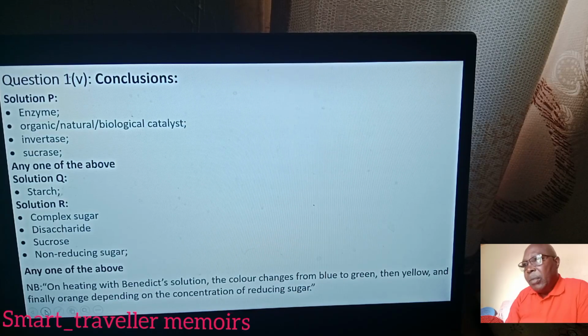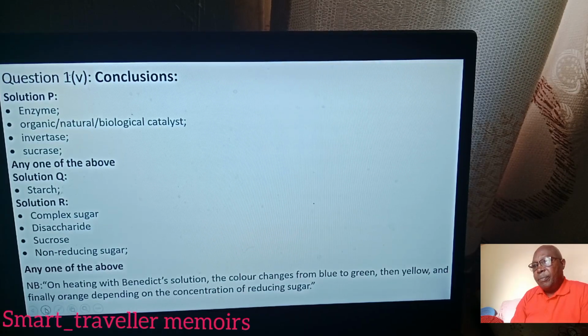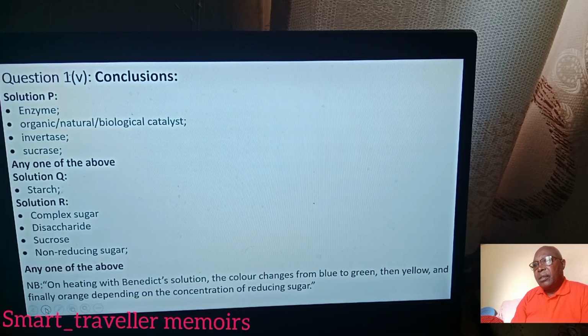1 Roman 5, conclusions. Solution P is an enzyme, or an organic or natural biological catalyst. Or somebody can just say it is invertase or sucrase. Any one of the above. Solution Q is a starch.